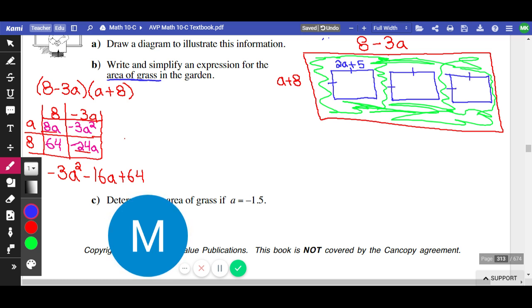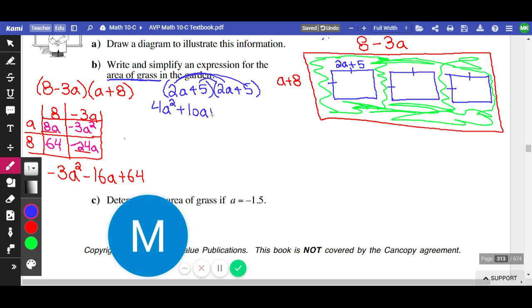Okay? All right, let's do the area of 1. So 2a plus 5 times 2a plus 5. You could do area diagram, or you could do distribution. It's your call. I'm going to distribute. So if I multiply the 2a across, that's 4a squared. Multiply over there, that comes plus 10a.